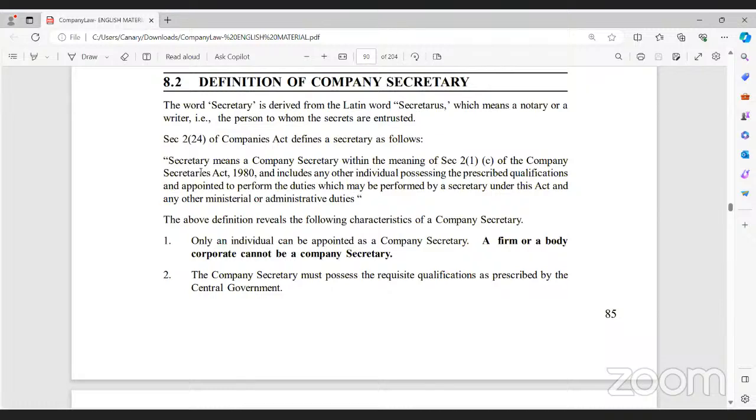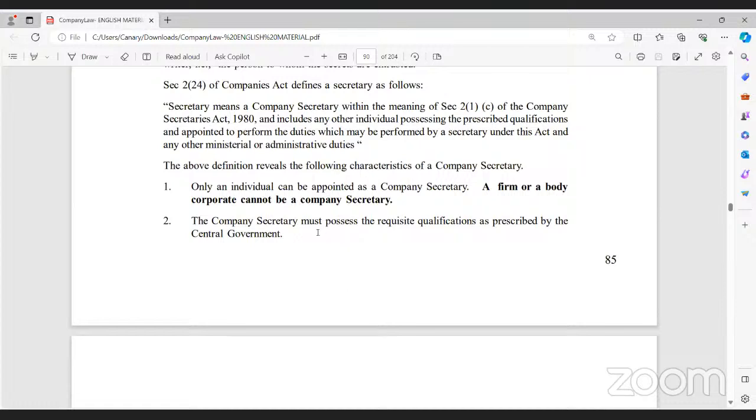So he is an individual. He should not be a firm or body. Only an individual should act as a company secretary, not a firm or a body corporate.